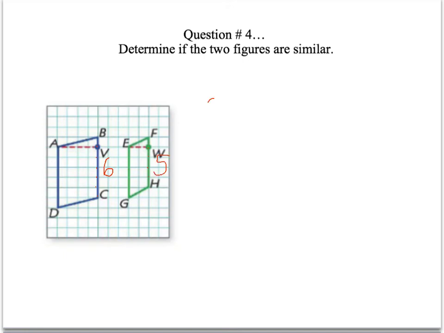And so the ratio here of sides is 6 to 5. And I would hope that A to D, 1, 2, 3, 4, 5, 6, and E to G, 1, 2, 3, 4, 5, also have the same ratio of sides.